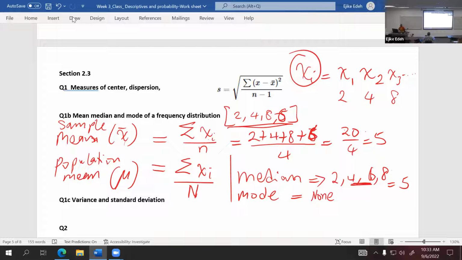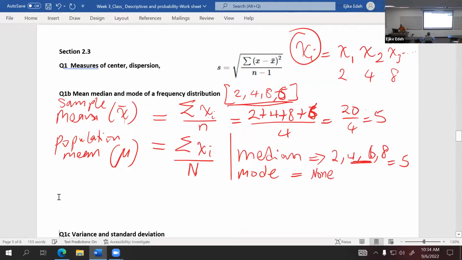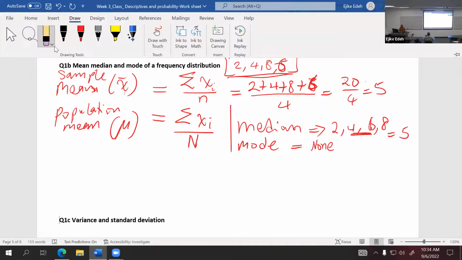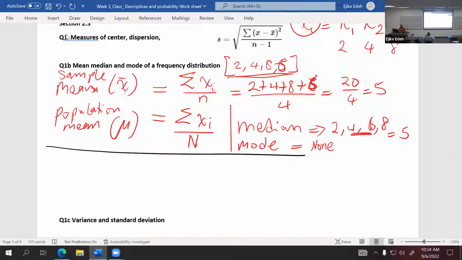Okay, so what if you have a frequency distribution and not a simple expression like this? What if my data sample is repeated?